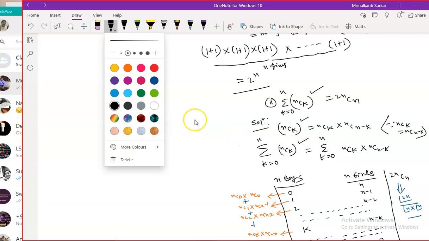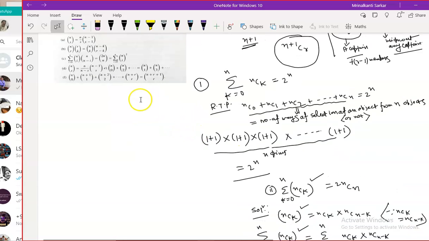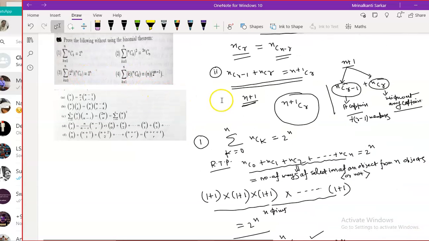Okay, nicely. Let us go for proving the next one, number 3. How to prove that the sum of 2 to the power k nCk equals 3 to the power n. A very good proof is there also.